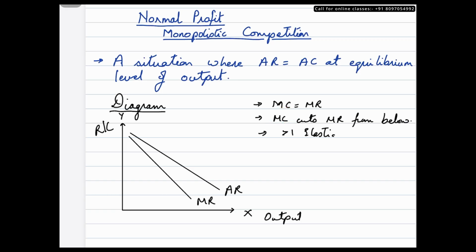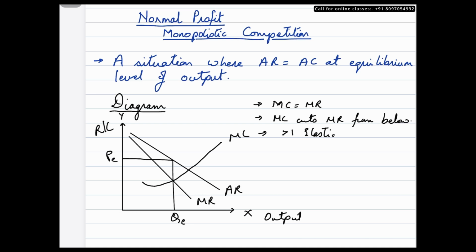So this here is the marginal cost curve, and we have the point of equilibrium over here where MR is equal to MC. Let's drop a perpendicular here to get quantity. So this is quantity at equilibrium, extended up to touch the average revenue, and from here a perpendicular to the y-axis to get price at equilibrium.